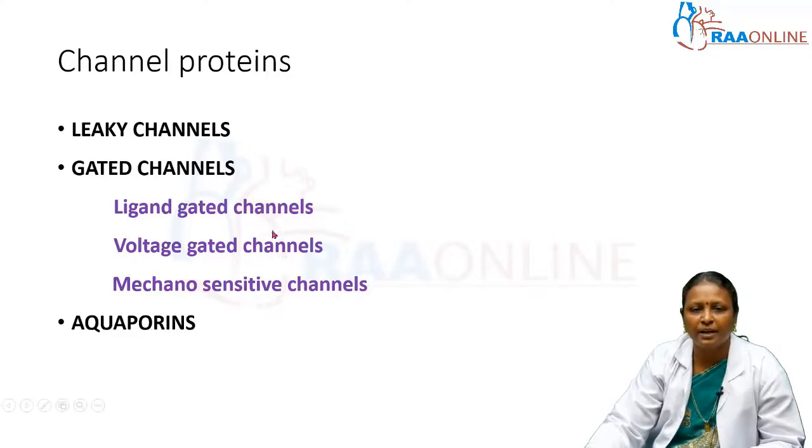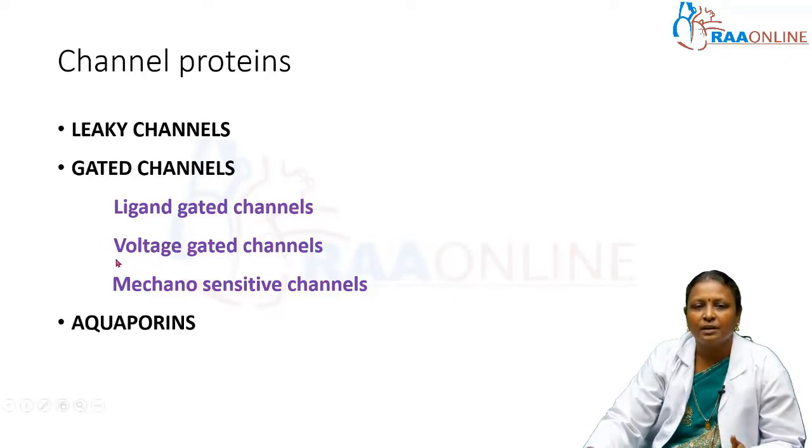When the opening and closing of the gate occurs by means of a chemical substance, you call that a ligand gated channel. When the operation of the channel is controlled by an electrical stimulus, you call that a voltage gated channel, and when the channel operates in response to a mechanical stimulus, you call that a mechanosensitive channel.